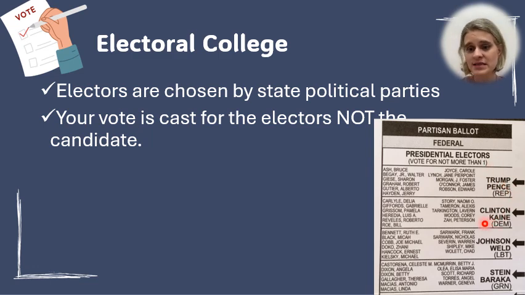So Trump and Pence, Clinton and Kaine, the Libertarians, the Green parties. But you'll notice that over here, it lists the names of the electors. So this tells you the names of the people that you're actually voting for. These are the people who will then be sent to vote for the candidate that they are associated with. So technically, these are the people you are voting for. Obviously, every state has their own electors.